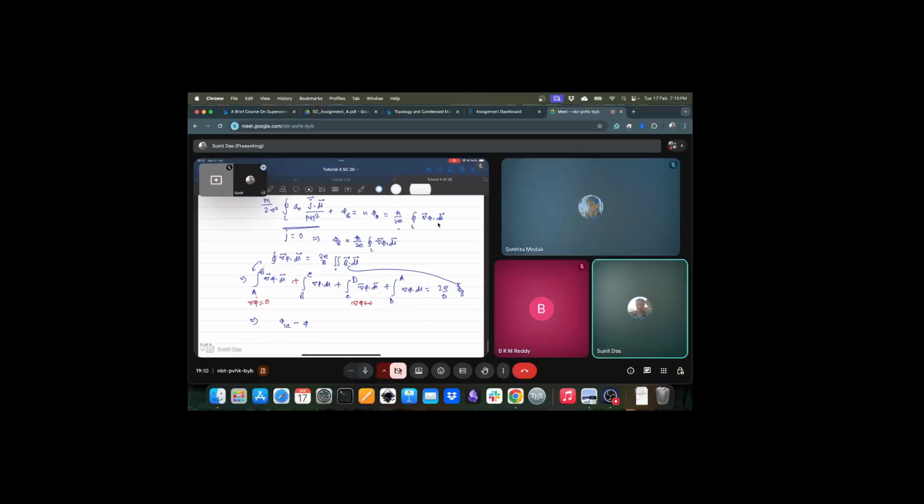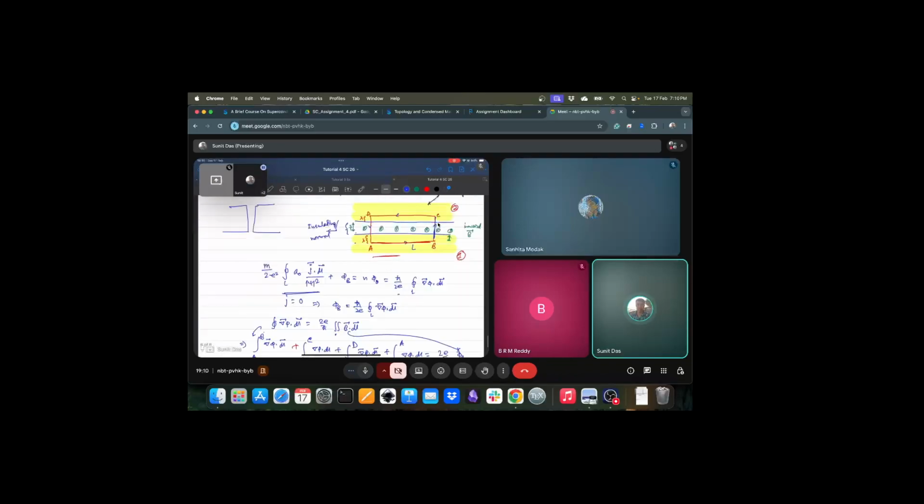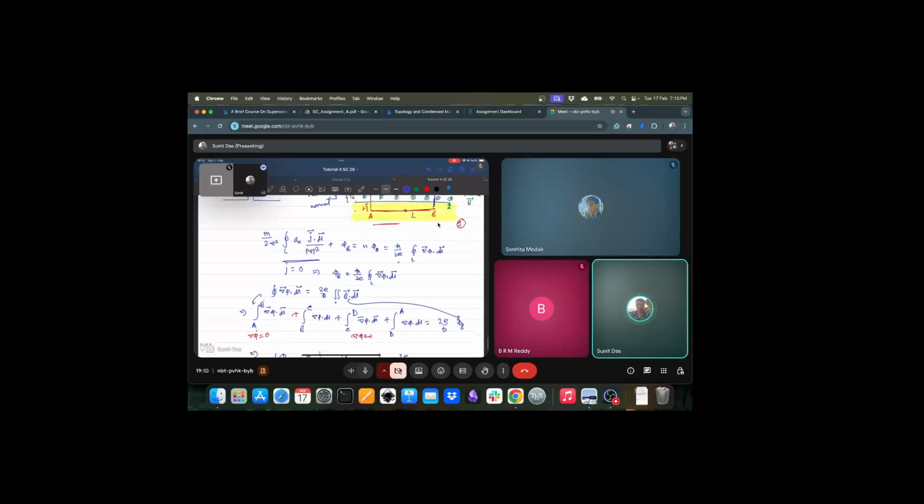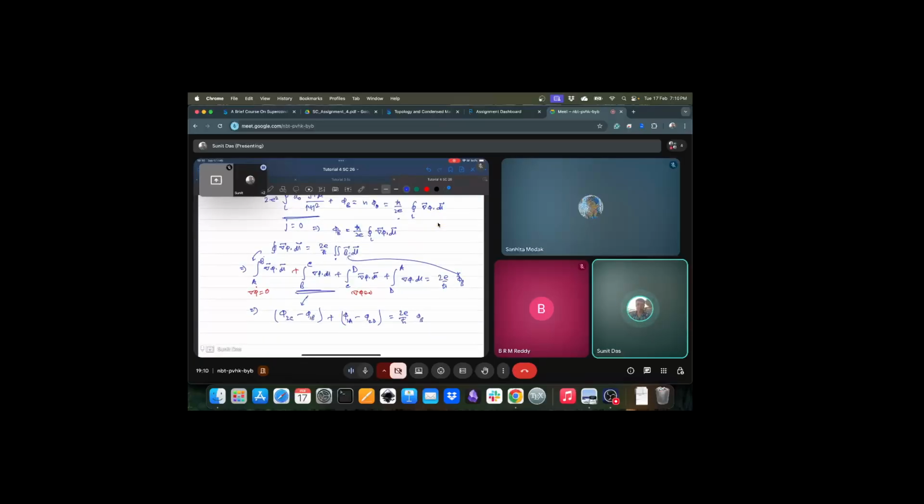What we mean by phi 2C is that C point is in the region 2, right? So this particular part we are writing as here, and this part we are writing as this.